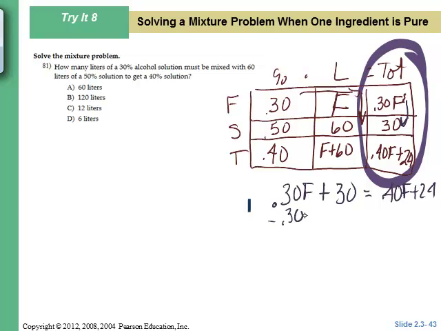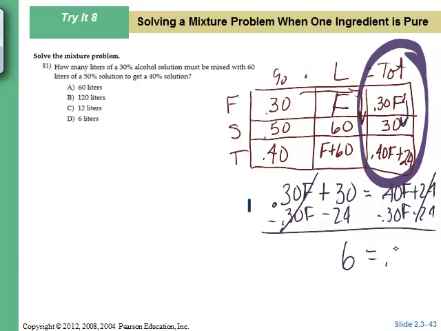Subtract 0.30F from both sides. Subtract 24 from both sides. These cancel, and we have 6 equals 0.10F. Divide both sides by 0.10. We get F is 60.